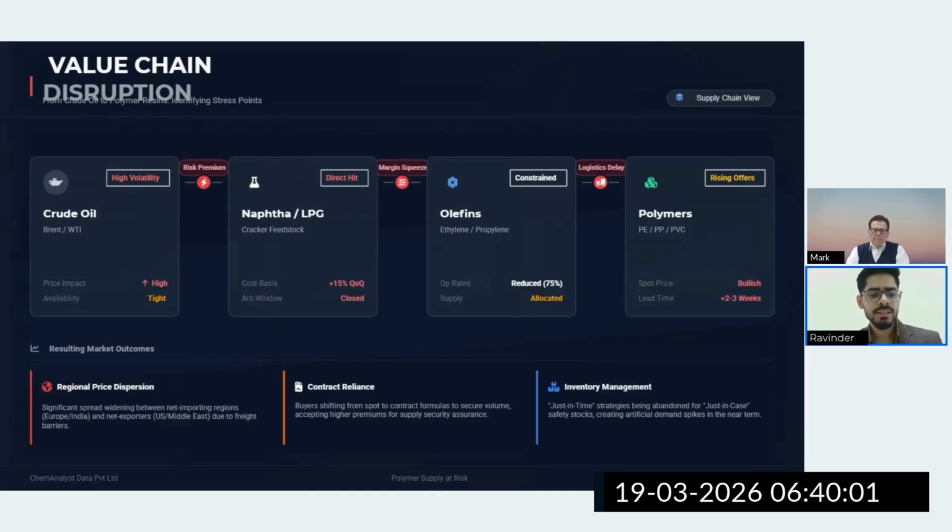And this slide shows how the value chain is getting affected. This crisis has directly hit the crude oil market, which has induced pressure on naphtha supplies and conversion margins. While at the end, olefins and polymers are struggling due to high costs and logistical delays. You can see an indirect impact on olefins and polymers, but directly it has affected the crude oil market. Then it comes to naphtha and LPG.